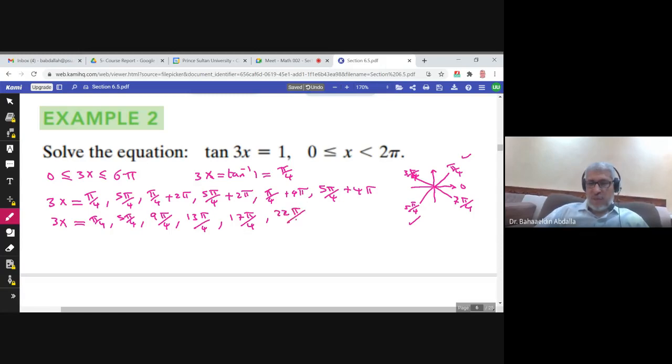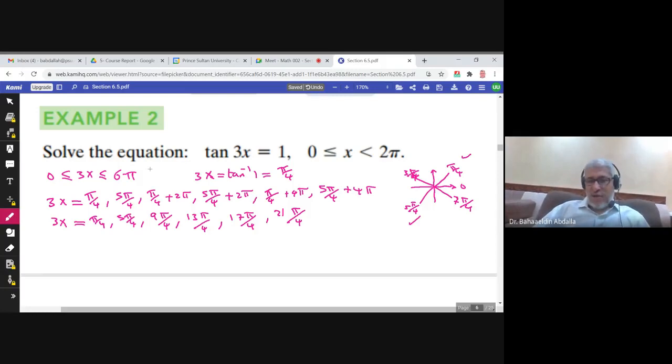You can start by 1 pi over 4, add 8, 9, add another 8, 17. Start by 5, add 8, 13, add another 8, so it's 21. So how many solutions? 2, 4, 6. 6 solutions for 3x in 3 revolutions.